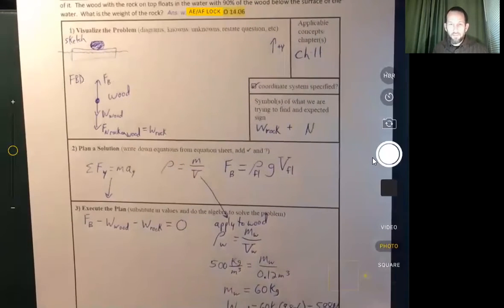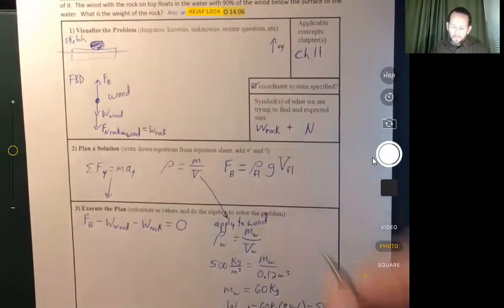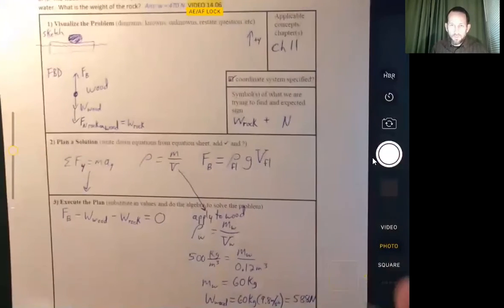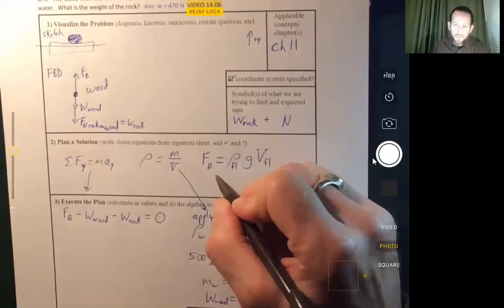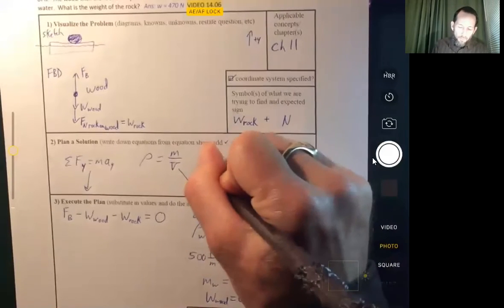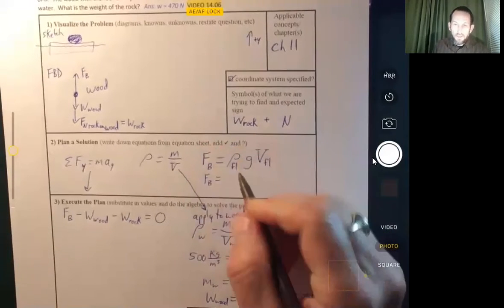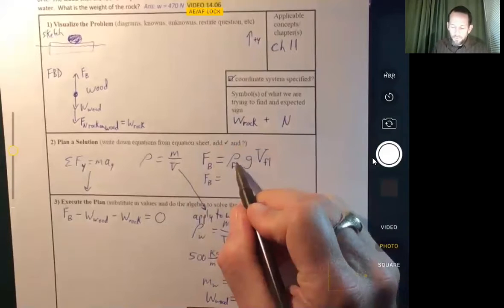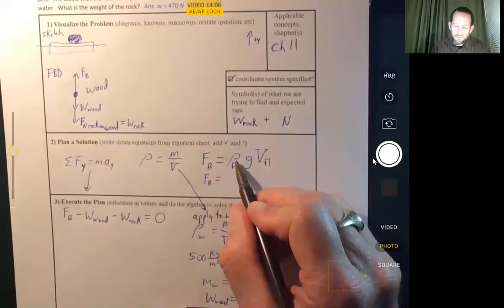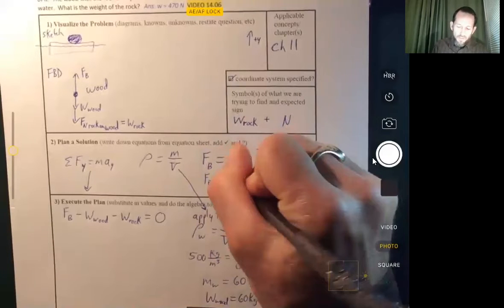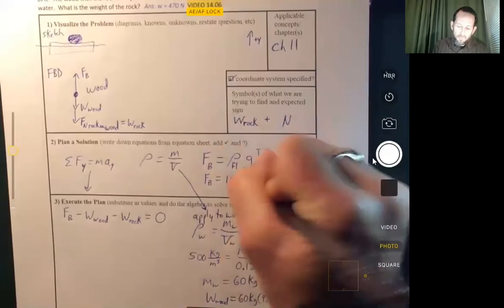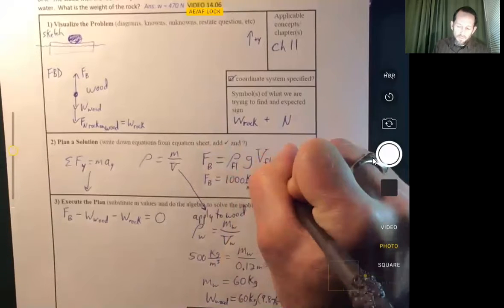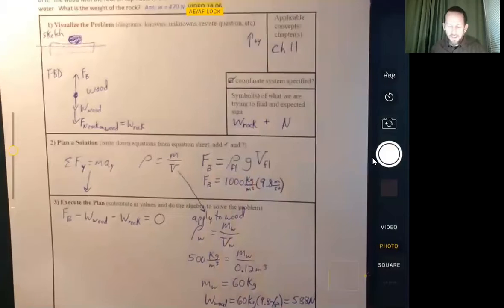Now we need to figure out the buoyant force. I'm going to put this up in the plan section, even though it's really part of executing the plan. The buoyant force. As for the density here, we do need to keep this straight. It's the density of the fluid, and it's in water. So that's 1,000 kilograms per cubic meter times 9.8 meters per second squared. Remember, G is a scalar.